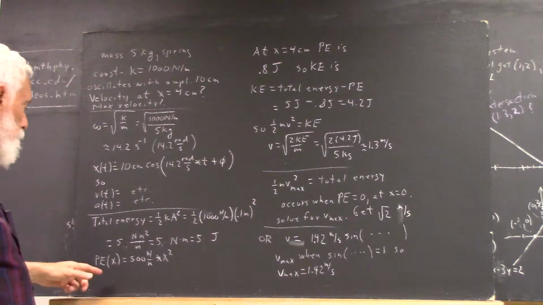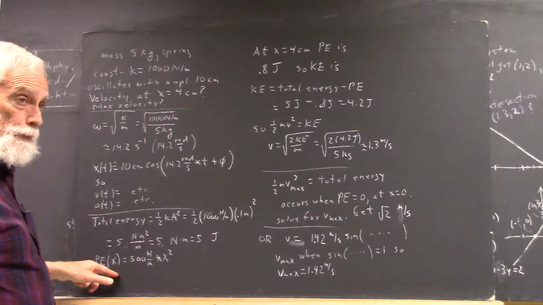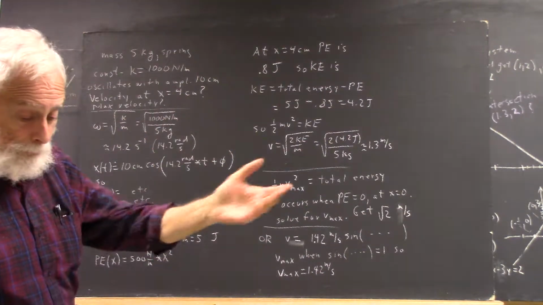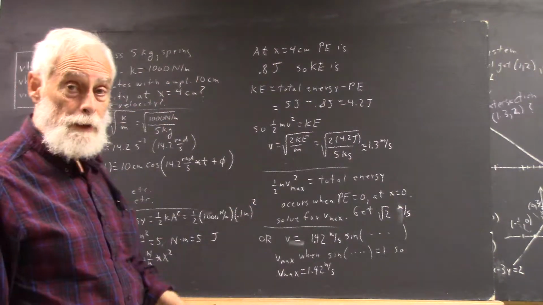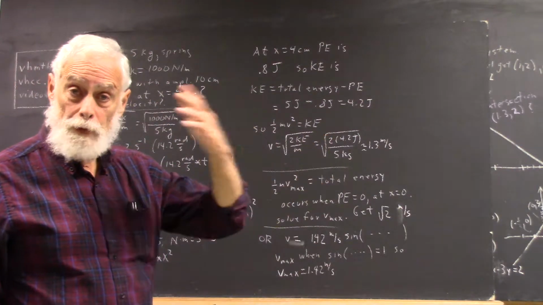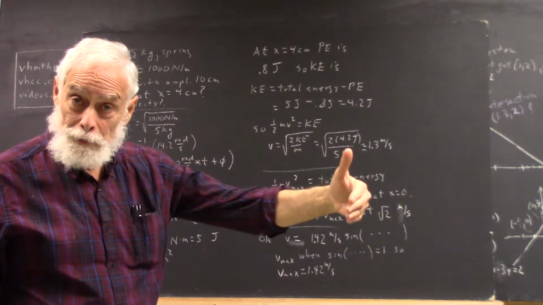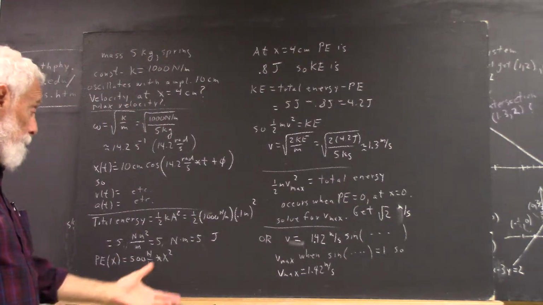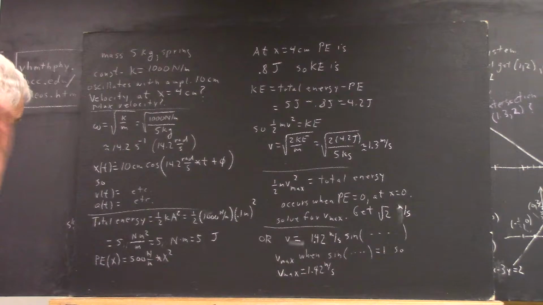We can also write the expression for potential energy at x. Remember, the potential energy is just equal and opposite to the integral of your force function between 0 and x, and that's 1/2 K x squared. Okay, remember that, but kind of remember where it came from too, in case you happen to forget it. You can always rederive it.